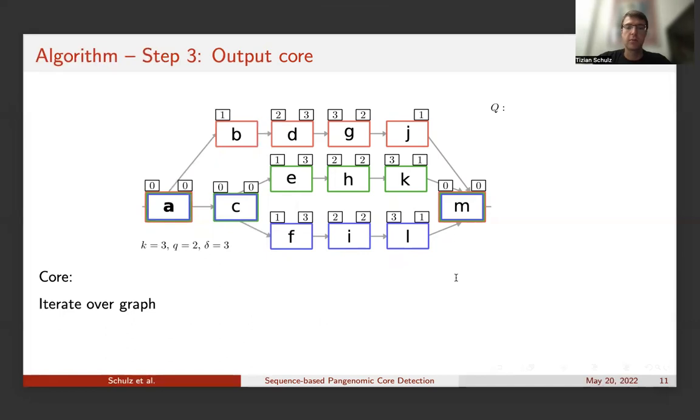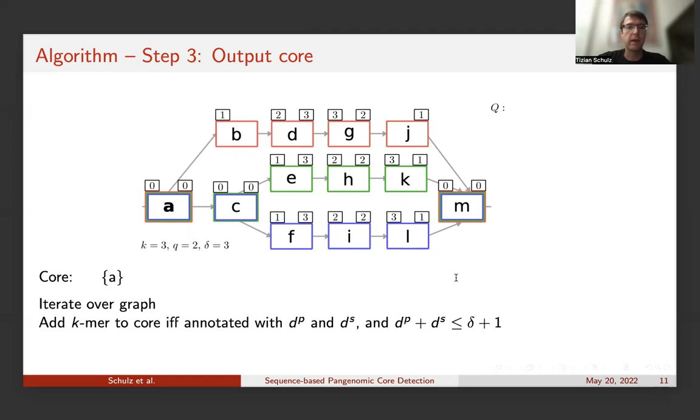So let's assume we start with A again. What we do is we add up the two annotations of A and compare it to delta. And if it is not larger than delta plus 1, this means that the vertex is part of our core. In this case, 0 plus 0 is smaller than delta plus 1, so A is part of our core.